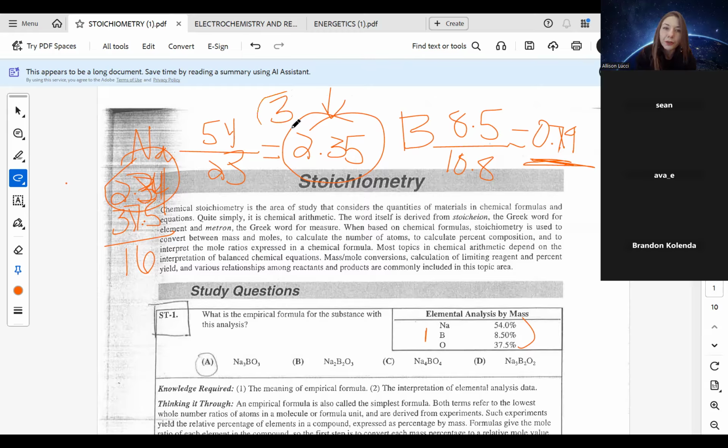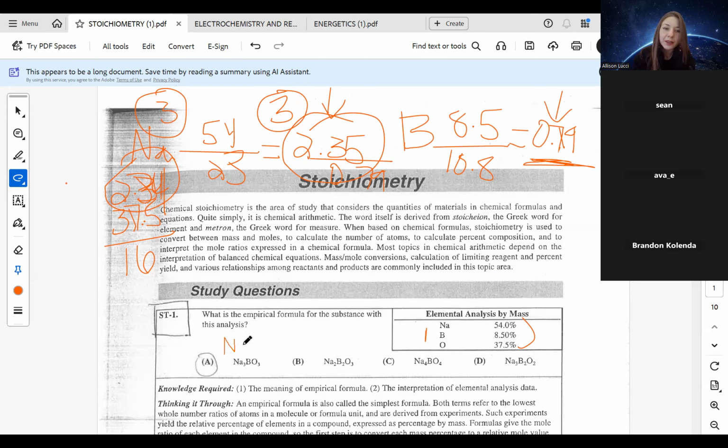So I'm going to say that there's probably a 3 here, because when I divide by 0.79, I get 3, just about. So that's what we've determined using our imaginary 100-gram sample that relates to this 100%. We find out how many moles we have of each, divide by the lowest amount of moles, and then we generate this ratio.